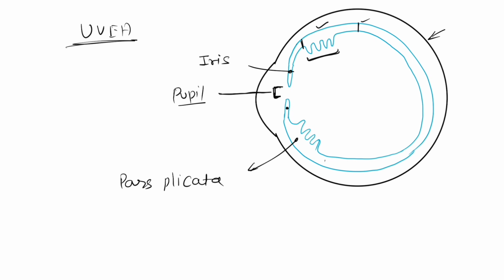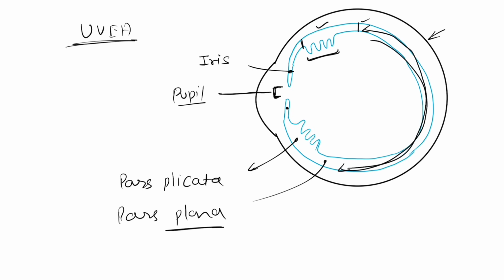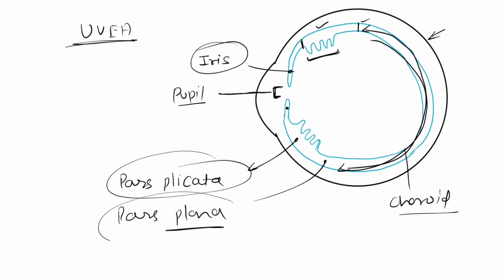Posterior to it we have pars plana, because it's plain, so you can remember pars plana. Posterior to it, this complete area is called choroid. So this is iris, pars plicata, pars plana, and choroid. Pars plicata and pars plana together are the ciliary body.